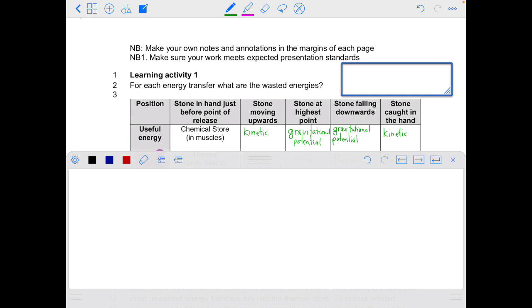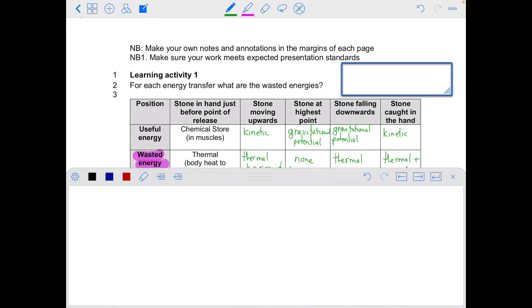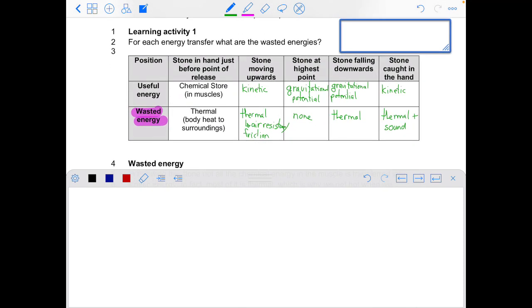So what are the wasted forms of energy for this stone? We have mostly thermal energy. Because remember, most wasted energy in the universe is thermal energy. That thermal energy heats up because of the air resistance or because of the friction.